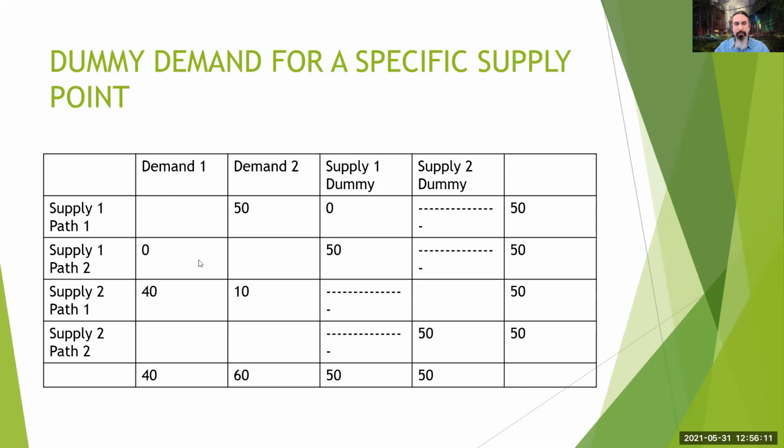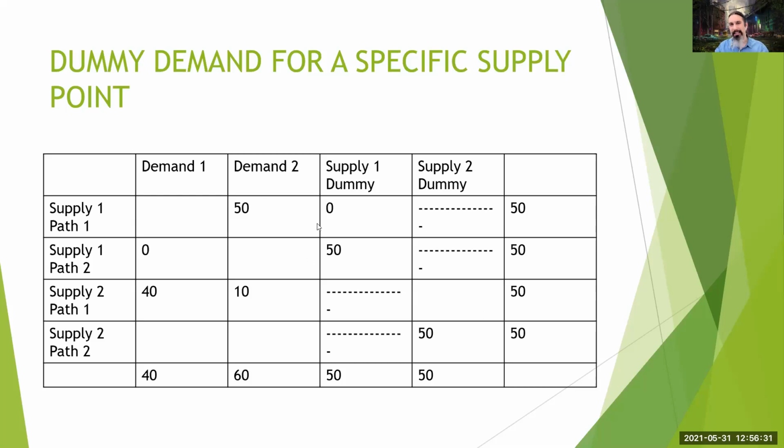This is an unused path, okay? And as this is an unused path, everything is sent from here, and this 50 is the produced real number of goods. And same over here, 40 plus 10, 50 is the number of real produced goods, and this 50 is not produced, it's not there. It's artificial, it's not real.